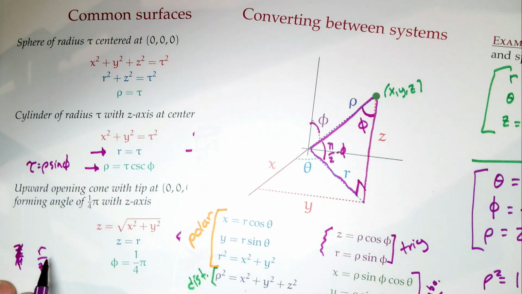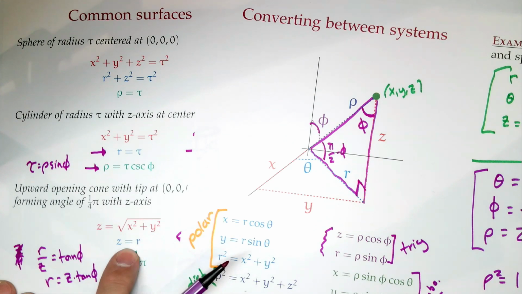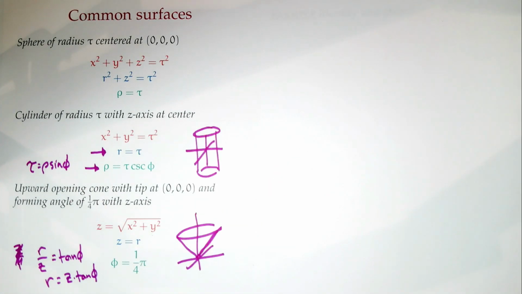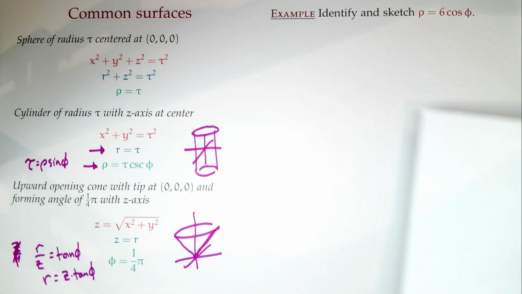It's just tangent phi. So you get that r is equal to z times tangent phi. The rho's cancel. And if I know phi equals pi/4, tangent of pi/4 is 1. So you get r equals z or z equals r. Generally speaking, if you have z equals a multiple of r, then what you have there is some type of a cone. And z equals square root of x squared plus y squared, well, that just becomes from that r equals the square root of x squared plus y squared.